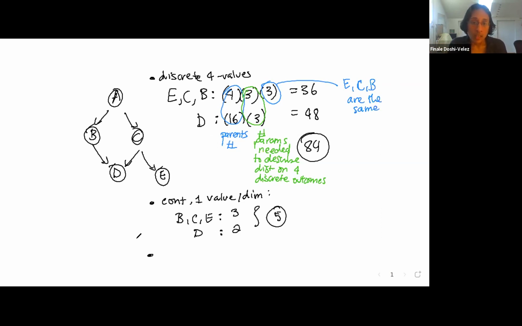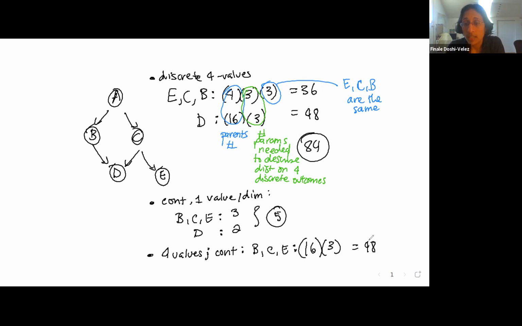Great. All right, so then if we have 4 values, continuous, over here, B, C, and E again are going to be analogous. They each are going to need 16. We're going to need a matrix now to take a 4-dimensional A, for example, and turn it into a 4-dimensional B. So there's going to be 16 in each one, times 3.